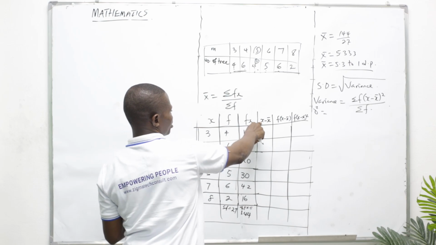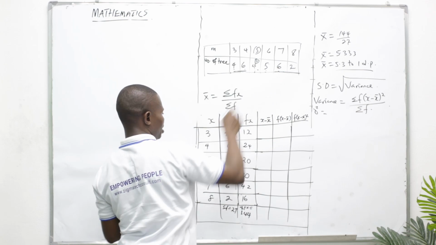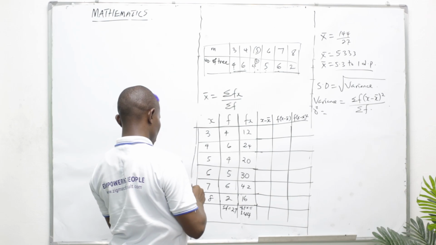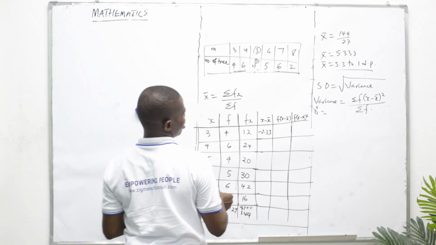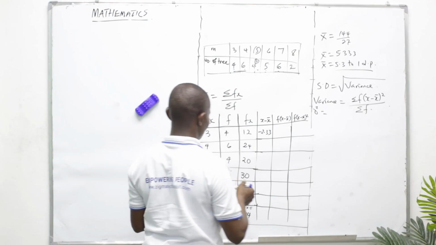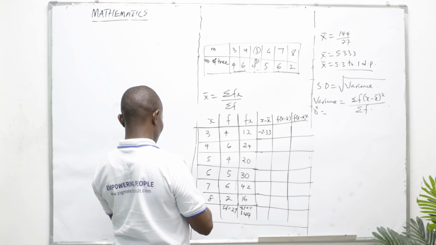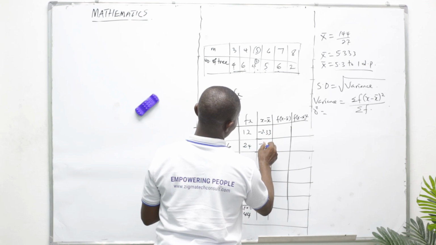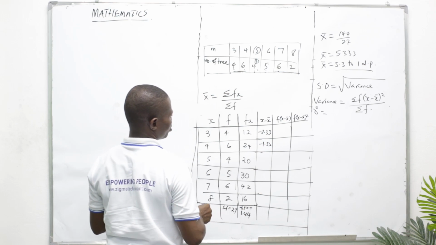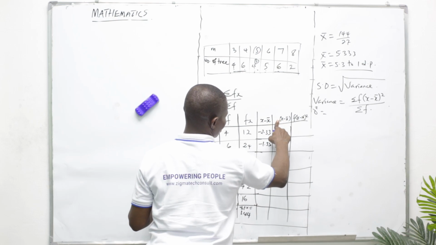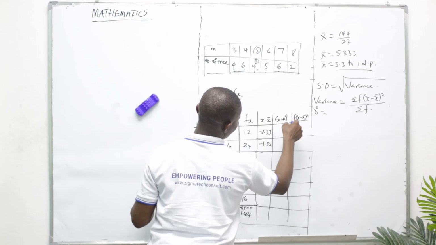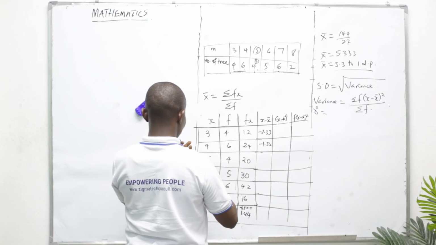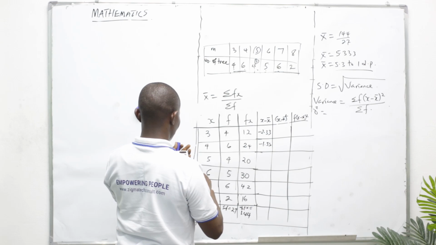So x minus x bar: this is 3 minus 5.33, that's minus 2.33. However, we are using two decimal places here. So 4 minus 5.33 is minus 1.33. Then the square of this, x minus x bar all squared. We square it at the same time if you don't want to waste your time in the exam.